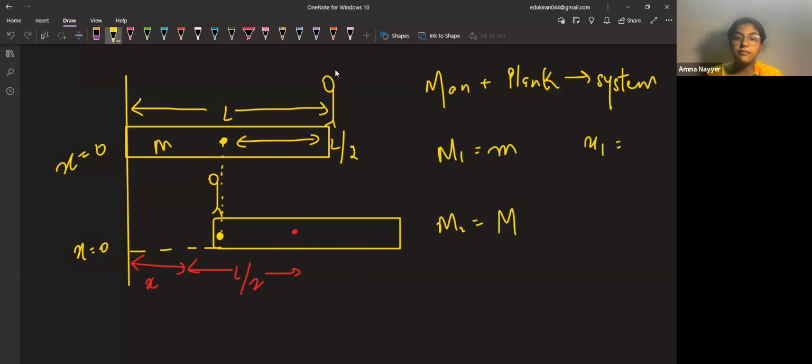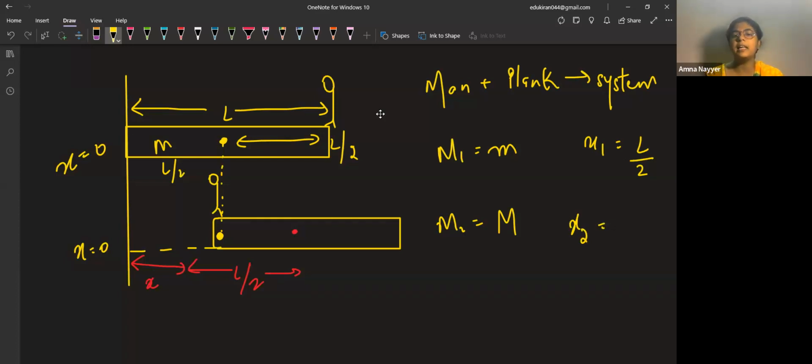X1. Where was the man? Which separation do we have to take from the center of mass? From the origin to the center of mass we take. That is L by 2 only. So this also will be L by 2. And when we consider X2, this won't be L by 2.